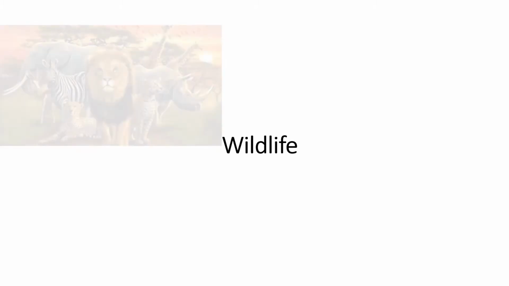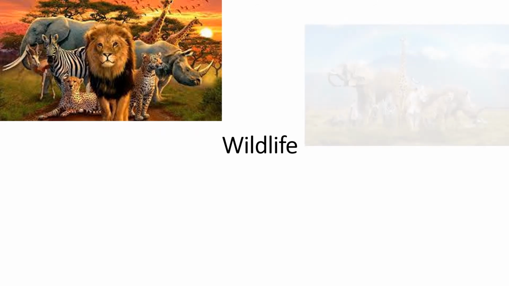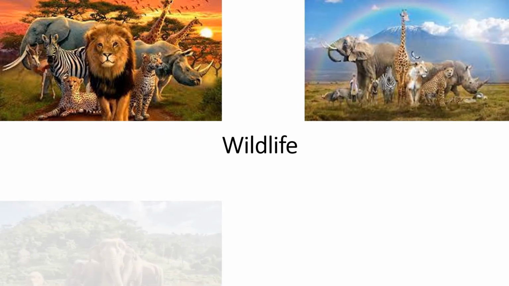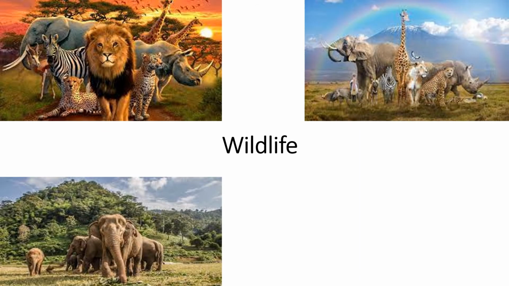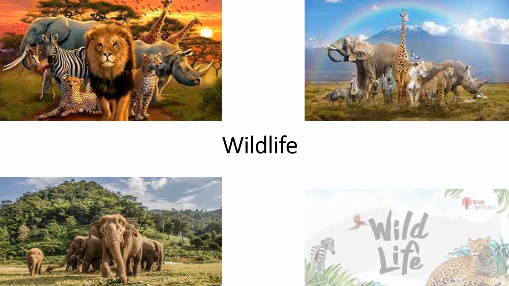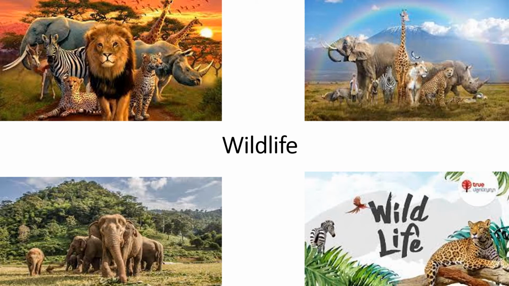Next is wildlife. Wildlife, from the word life, meaning lives of animals. Wildlife refers to the lives of animals in the forest, in the mountains, and in the rainforest, for example. So it refers to animals.